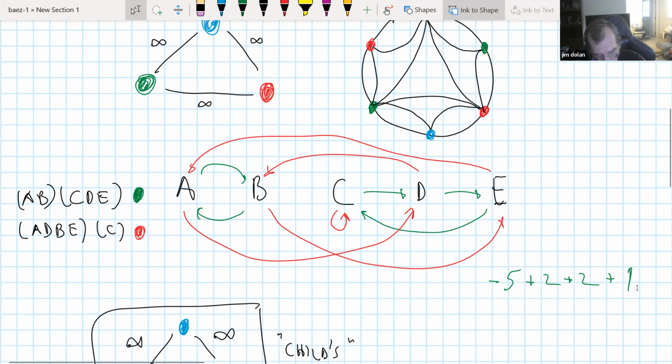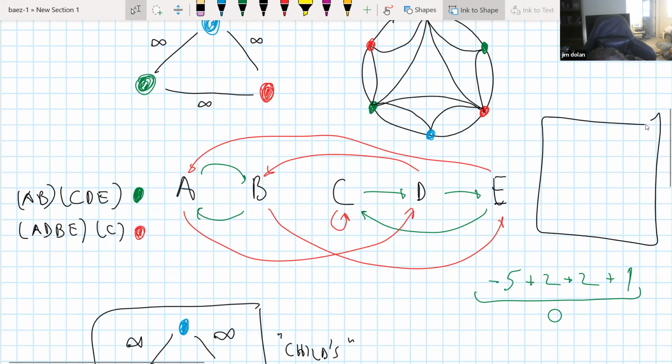So that comes out to Euler characteristic 0, which would be genus 1. So it looks like this is going to be a child's drawing on a torus. So maybe we can try to do it that way.